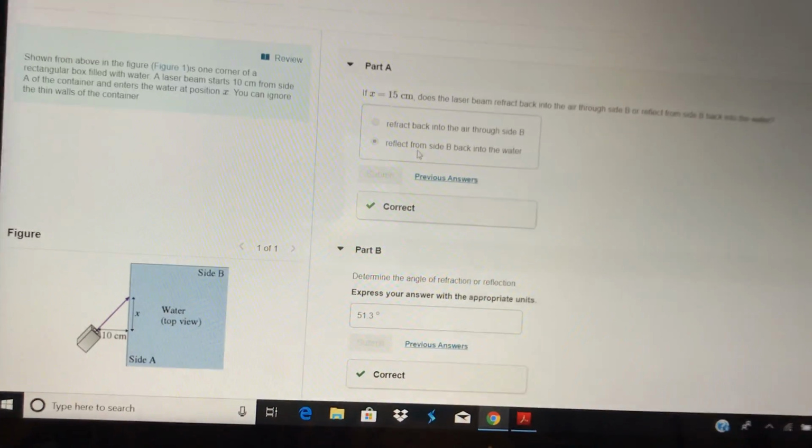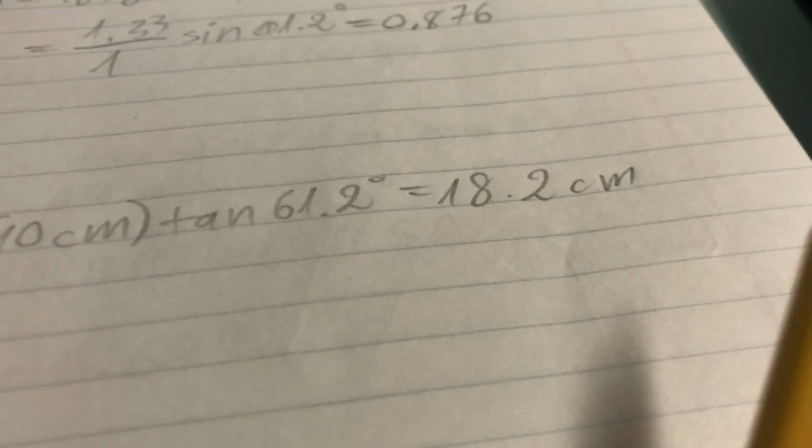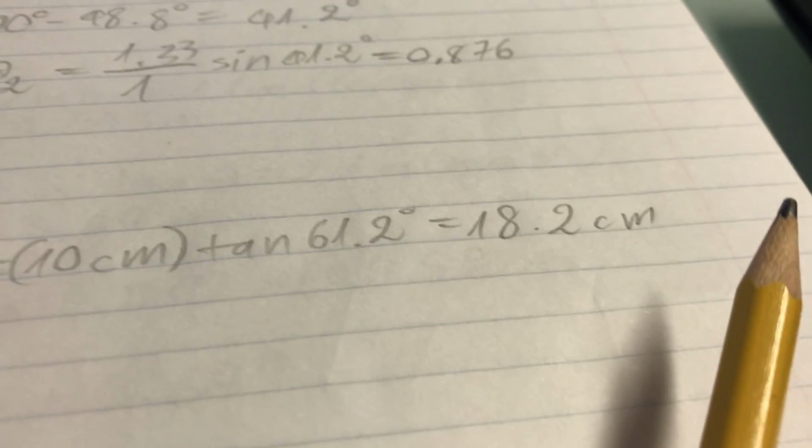So in order for the light to be refracted out to the air, x must be larger than 15 centimeters. And in this case, it makes sense.